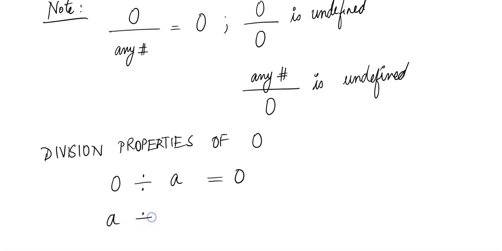But A divided by 0, where A is some number, is undefined. So bear that in mind when you do those types of problems. Whatever symbol they come in, you just want to check that out.